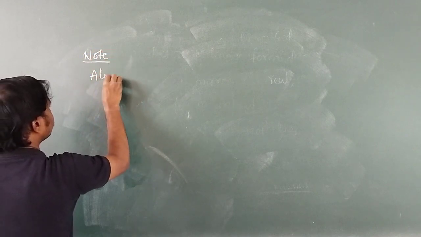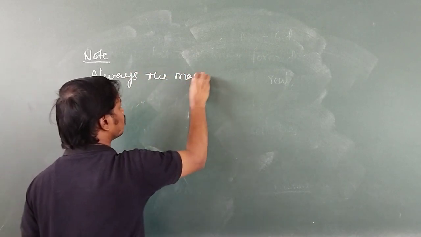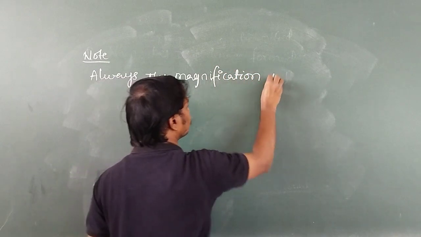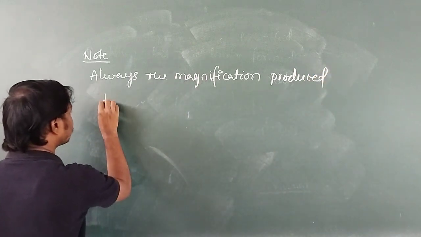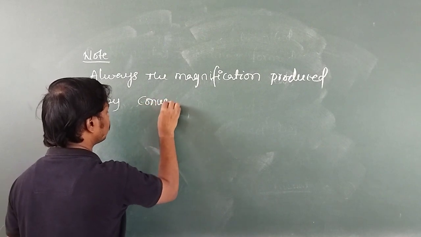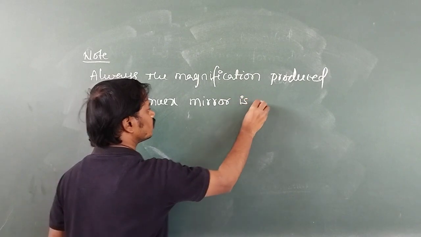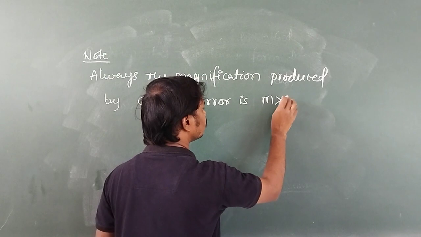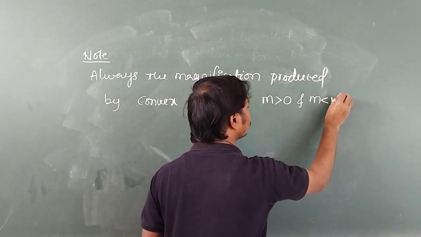Always the magnification produced by a convex mirror is m greater than 0 and m less than 1.